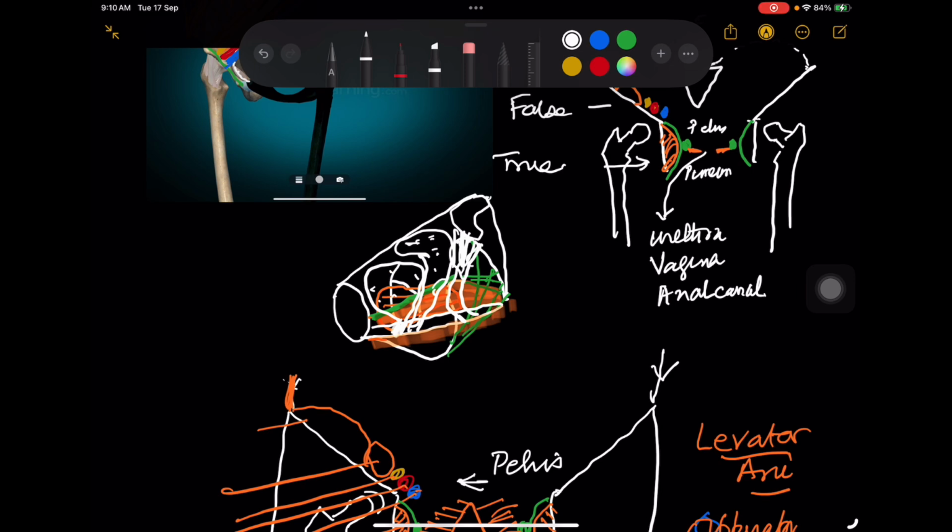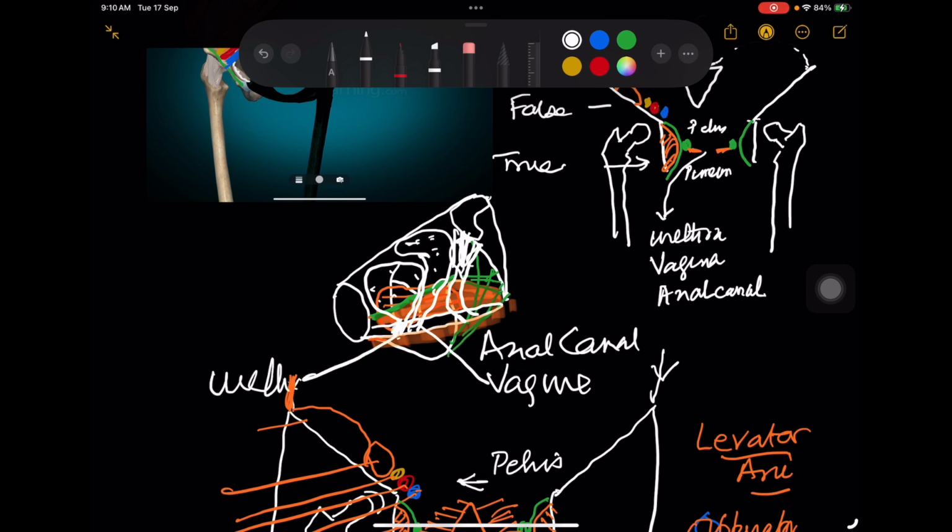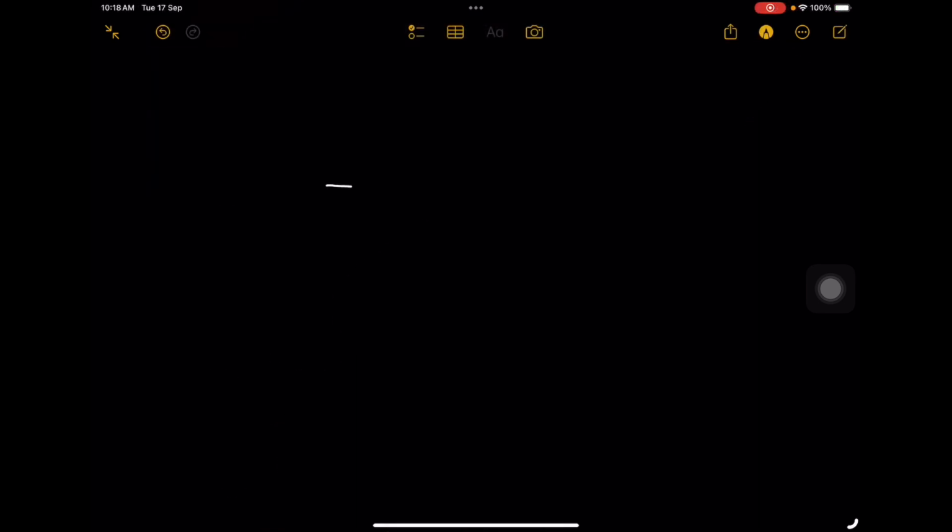So the slit will pass the anal canal, the vagina, and the urethra, which is coming from the bladder, and we will deal with this area in the rest of the talk. Bladder is a pyramidal structure.